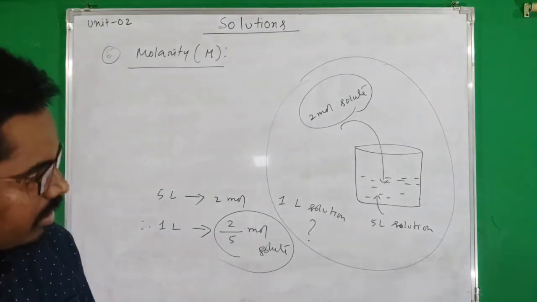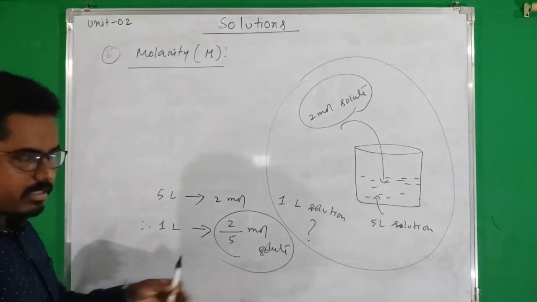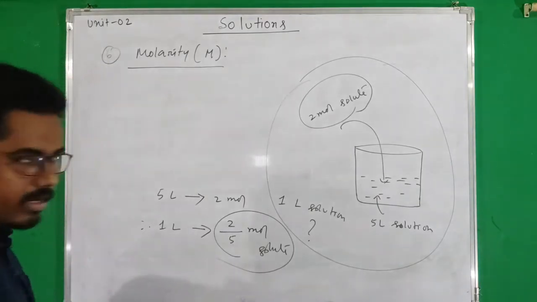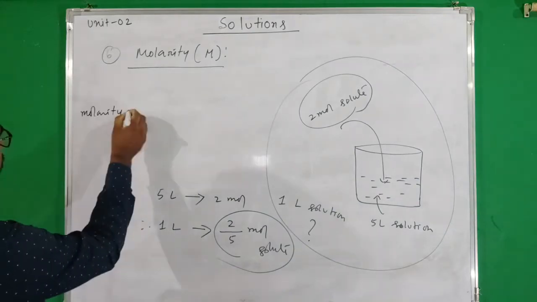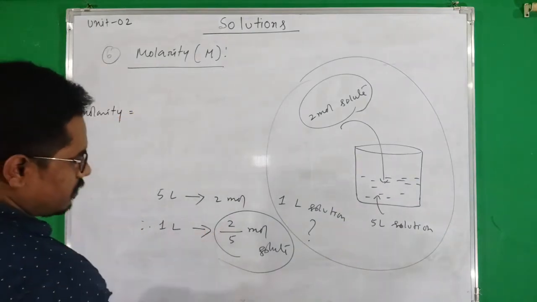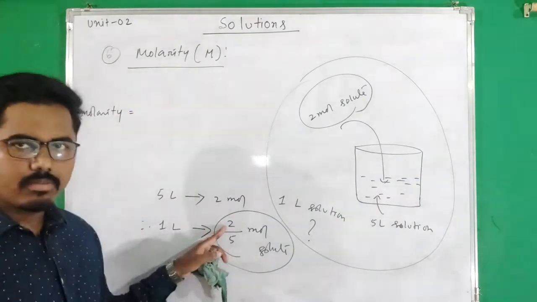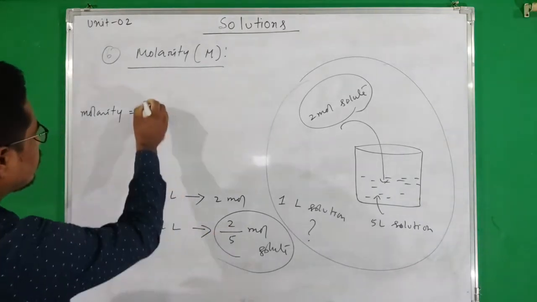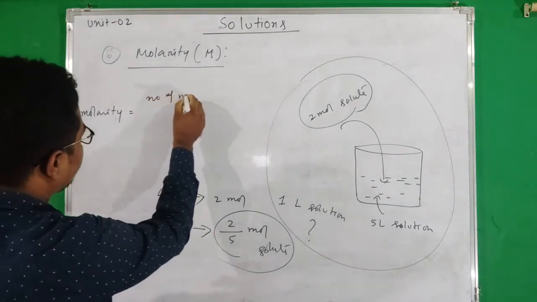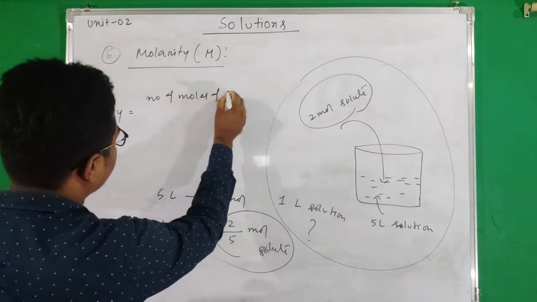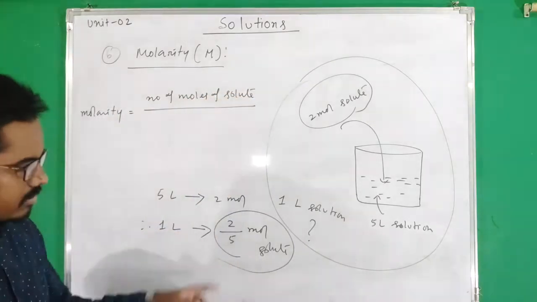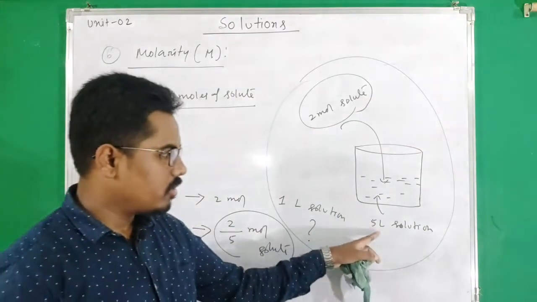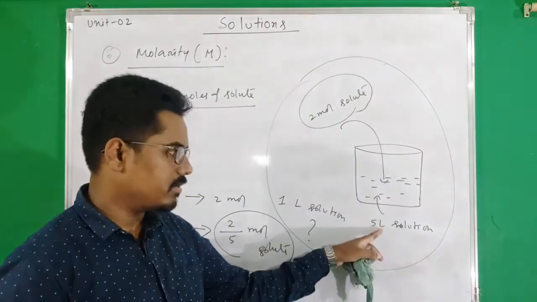Now I will derive the formula from this unitary method. Molarity equals, this term represents the number of moles of solute, and this term represents the volume of the solution in liter.